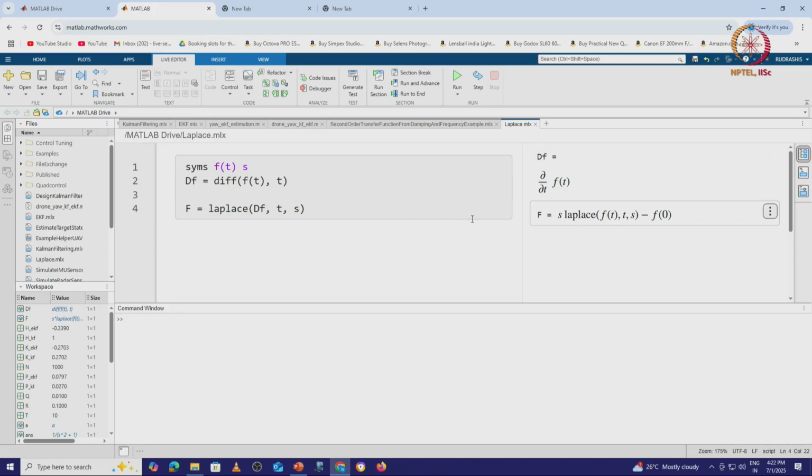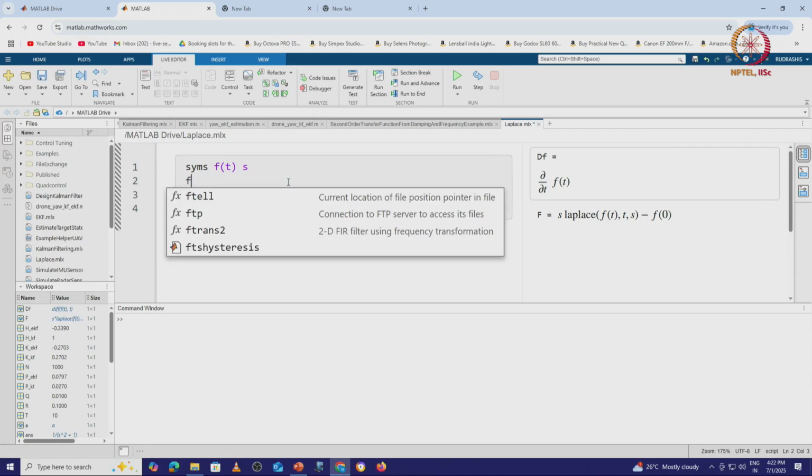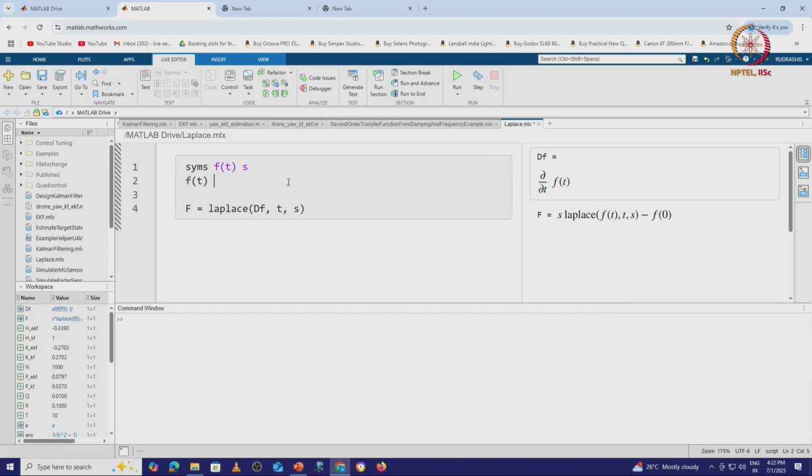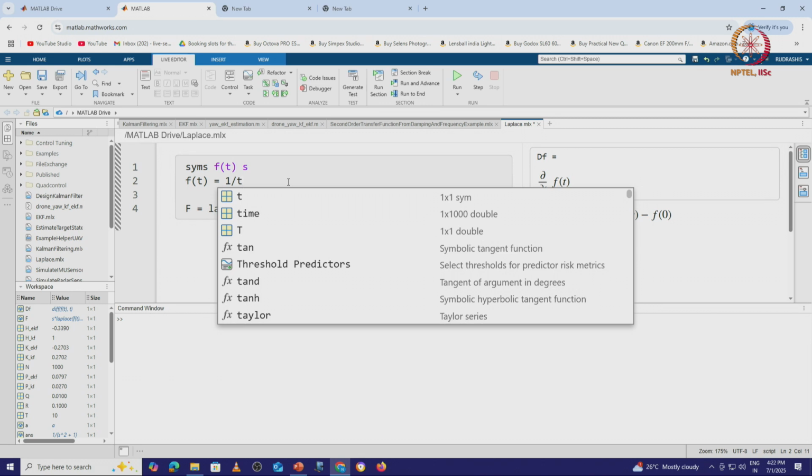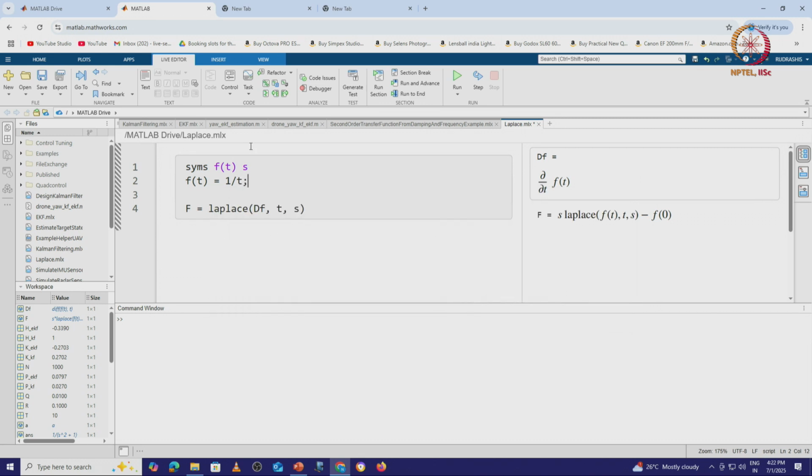Say the next example will be along similar lines, where we will specify the function f of t like this. f of t is 1 by t. Now what is F of s?